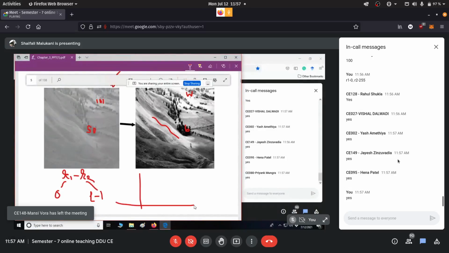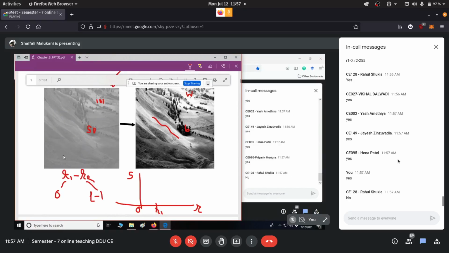So this is my input. This is my output, right? In my input, which intensities are available? Do I have values from 0 to R1 in my image? No, I don't have them. Whether it is there or not, if it is not available, it is not defined here at all.